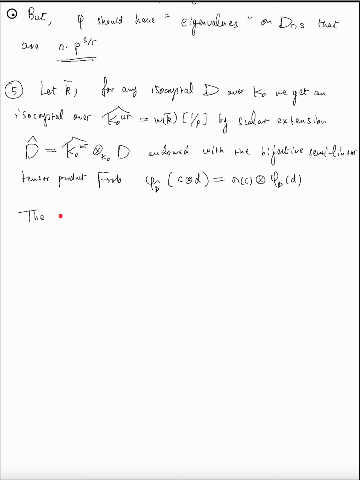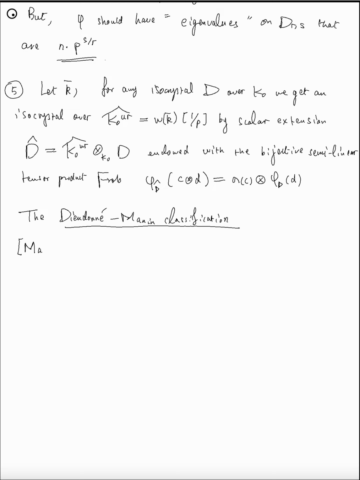And there is the so-called Dieudonné-Manin classification. So one could find information about this in the paper of Manin. Let me just quickly mention this.